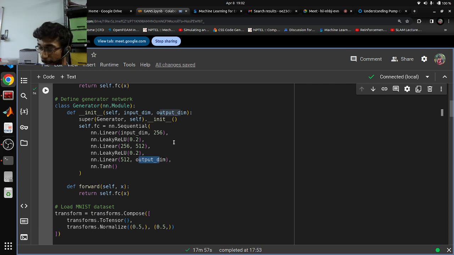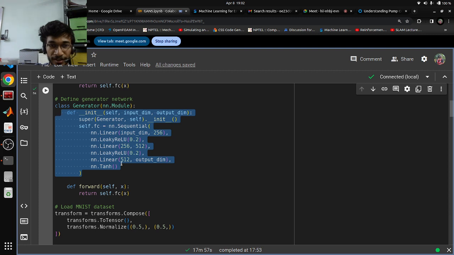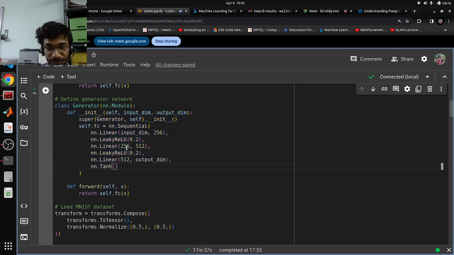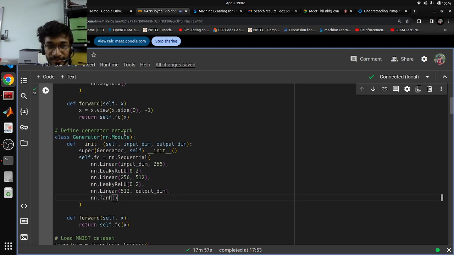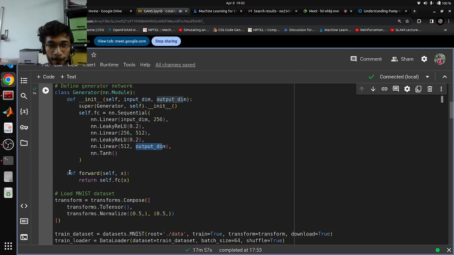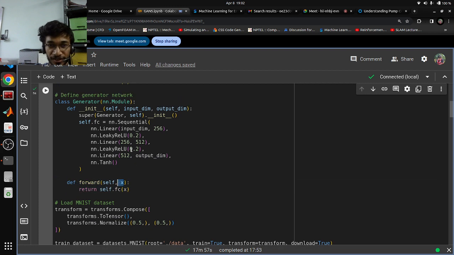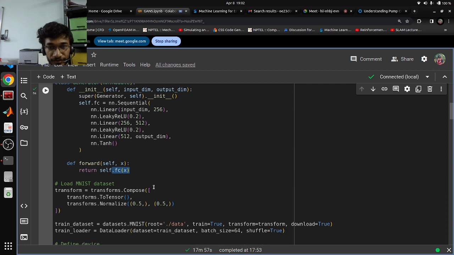Okay, so that is the mapping the generator needs to learn, and here that also we have put it as a feed forward neural network. Okay, and yeah, it's the same thing. So x here is my input dimension of the noise vector that I'm using, and from that I'm generating an image.